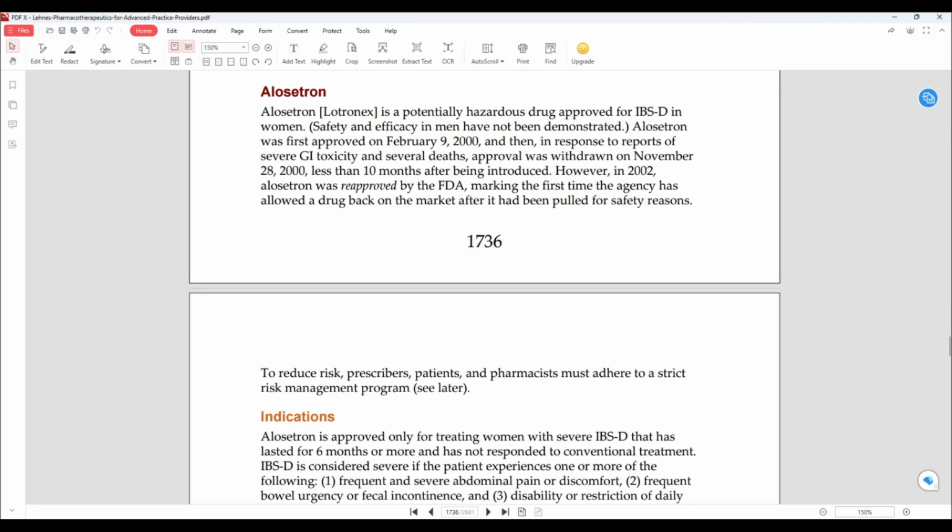Less than 10 months after being withdrawn, however, in 2002, alosetron was reapproved by the FDA, marking the first time the agency has allowed a drug back onto the market after having been pulled for safety reasons. To reduce risk, prescribers, patients, and pharmacists must adhere to a strict risk management program.